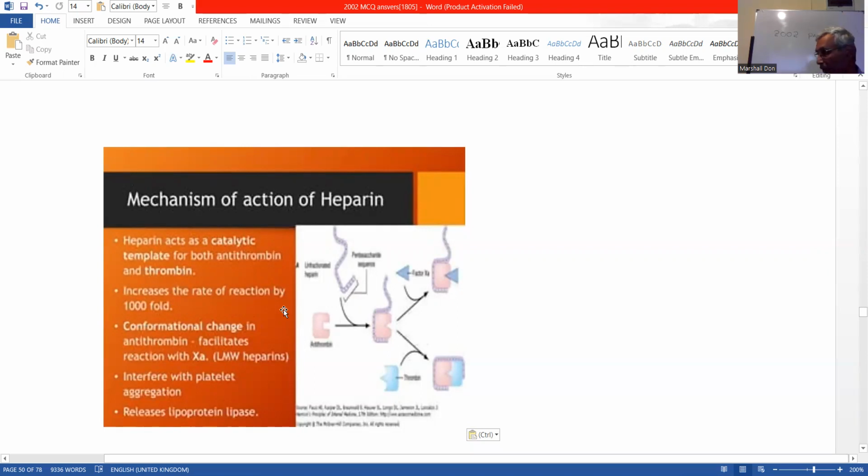Now, in the blood, usually the clotting mechanism works. In this mechanism, you will see prothrombin is converted to thrombin. This thrombin converts fibrinogen to fibrin.